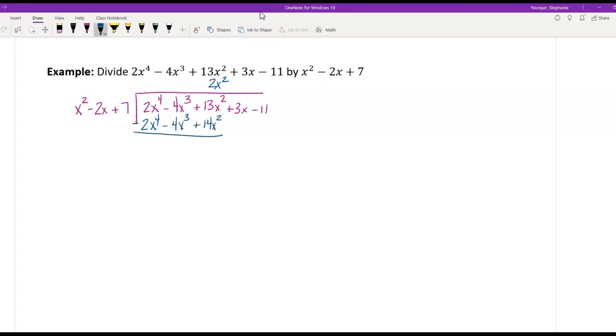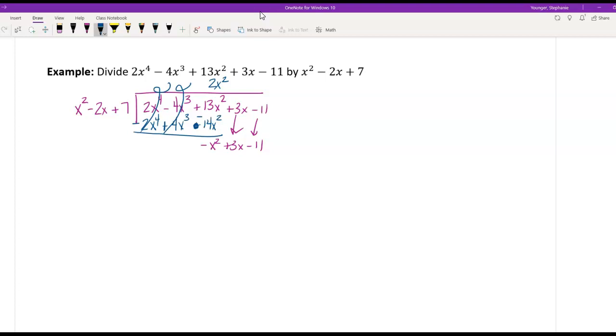So now we're going to change our signs because we're subtracting. These cancel out. These cancel out. And this just becomes negative x squared. And then we're going to drop down our plus 3x minus 11. All right.